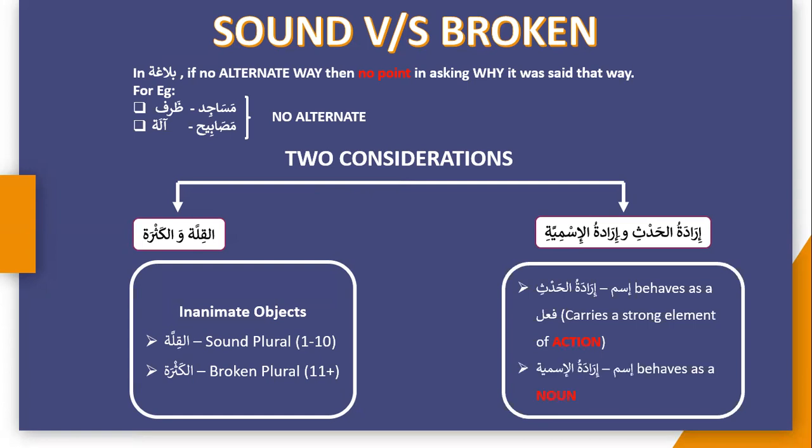In iradatul ismiyyati, the ism behaves as a noun. So if you see a plural, the action that the entity is carrying out is translated in it.